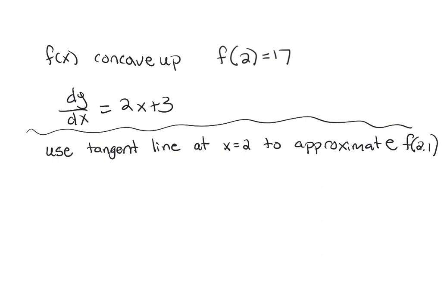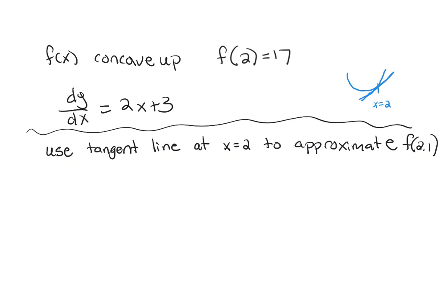And here is our goal. Our goal is to use the tangent line at x equals 2 of f of x to approximate f of 2.1. So to just give you a quick visual, we have something that's concave up. We have a tangent at x equals 2.